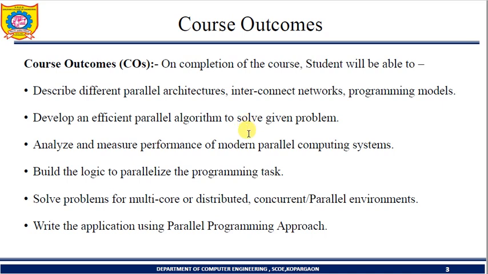Then the student will be able to analyze and measure performance of modern parallel computing systems, build the logic to parallelize the programming task, solve problems for multi-core or distributed concurrent parallel environments, and write applications using parallel programming approaches. So these are the outcomes of this course which the student will get after completing it.